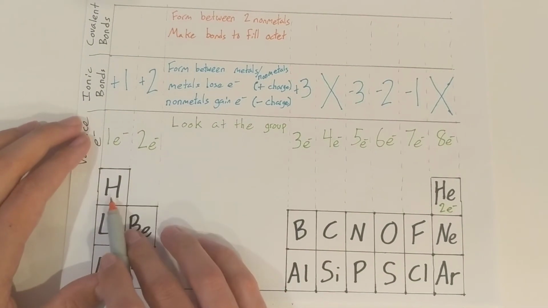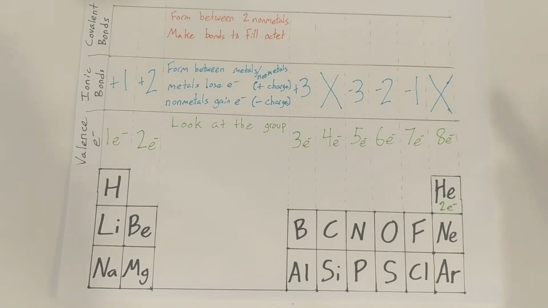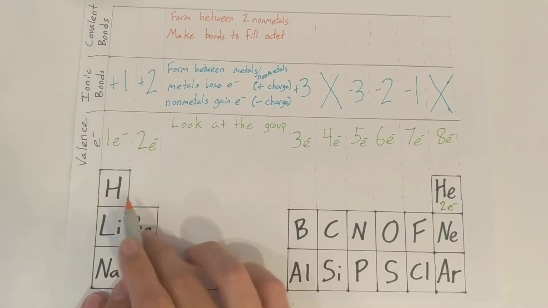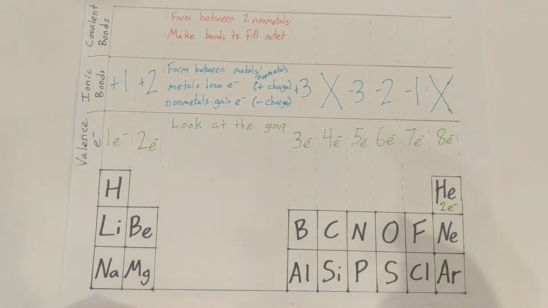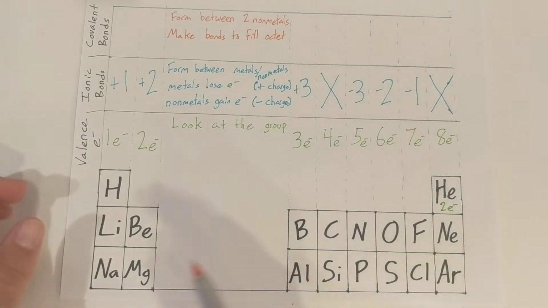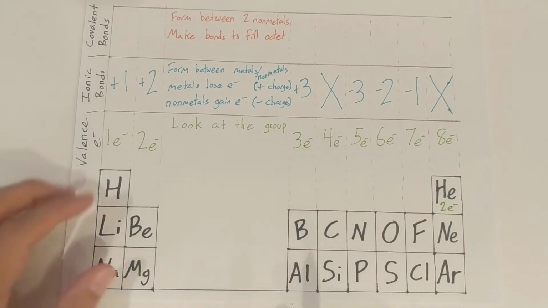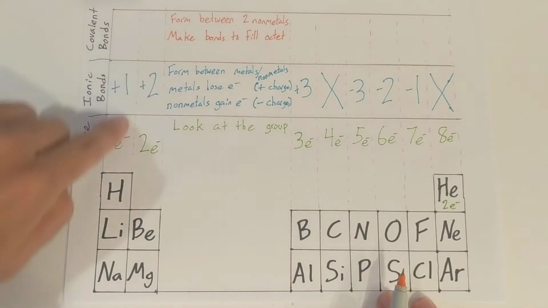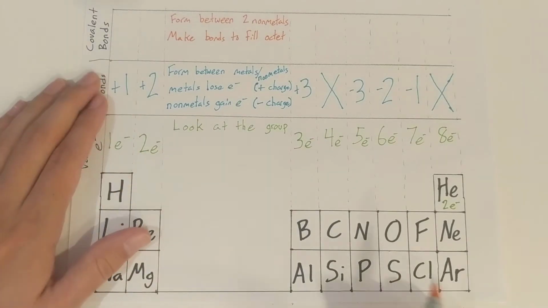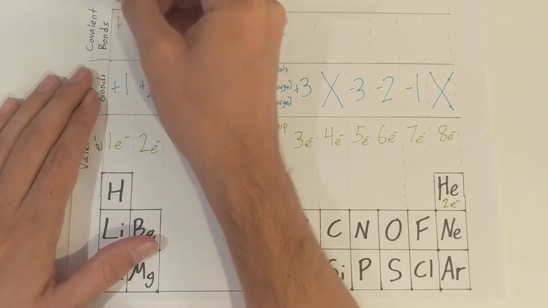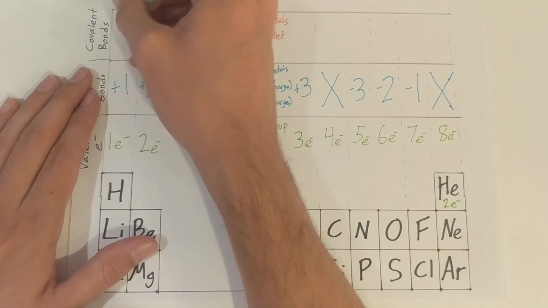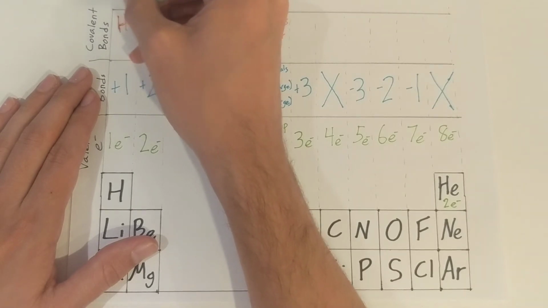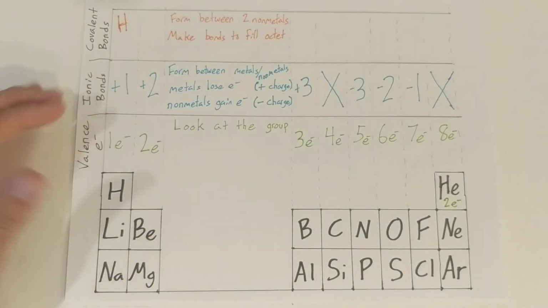And remember, hydrogen, to fill its energy level or to look like its noble gas, only has to have 2 valence electrons. So that makes it a little bit different. So if we take a look at this column, our only nonmetal here is hydrogen. So I'm just going to write hydrogen here because it's a little special. It's on the left side of the periodic table. It's our one nonmetal on the left side.